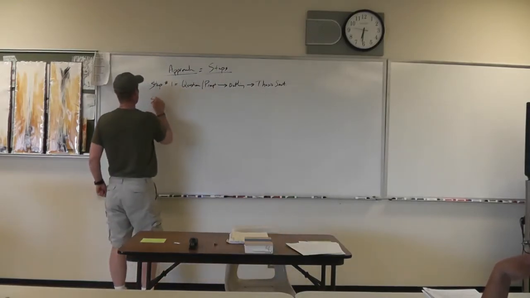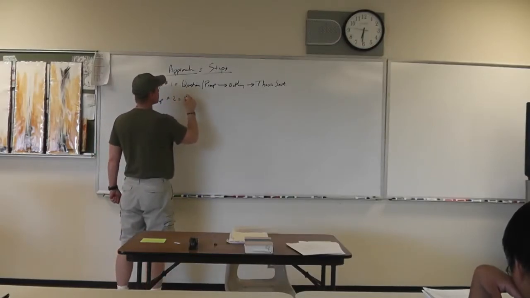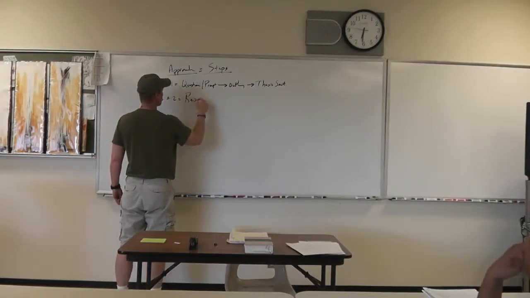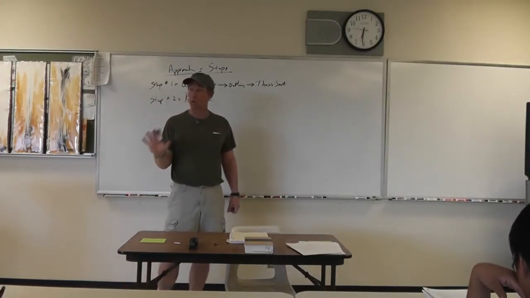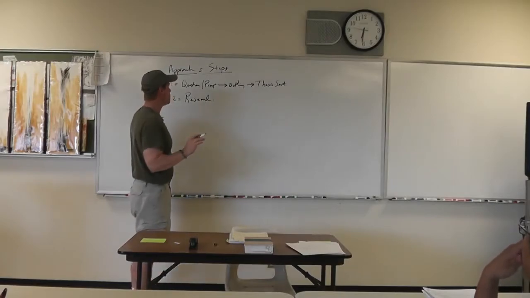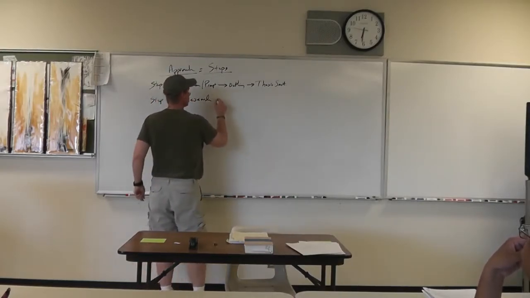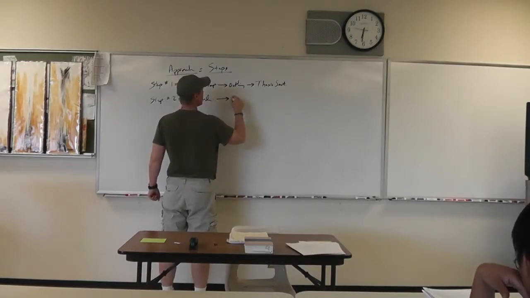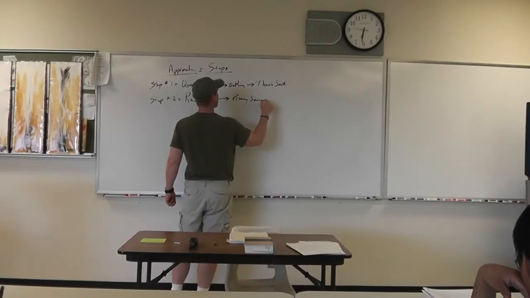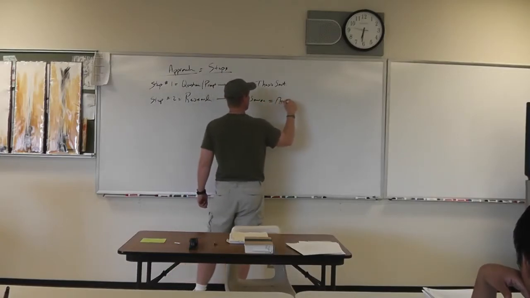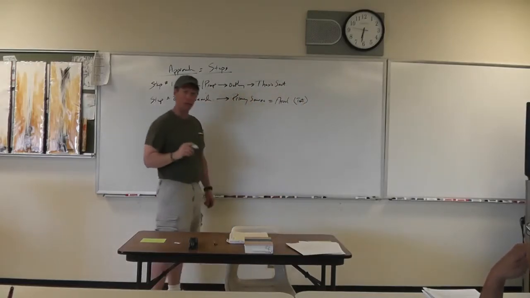Step number 2. Here you begin the process of research. Okay, now this is a big part of our 1020 work. All right? That research involves 2 different places. What we will call the primary source, which in our case would be the novel, Lord of the Flies, or the text, we might say, that you're working with.